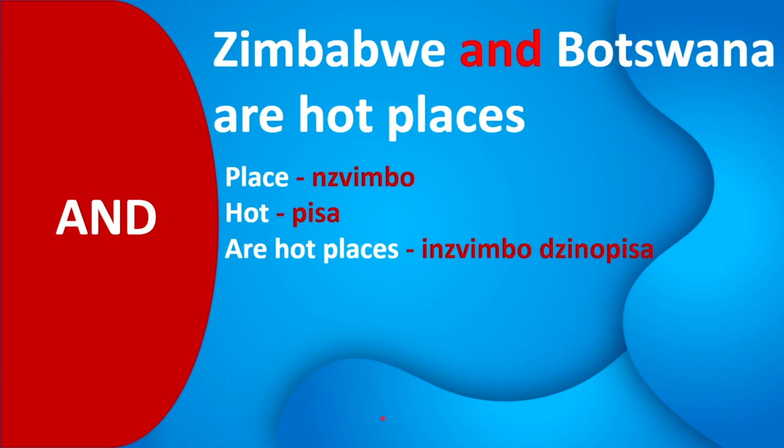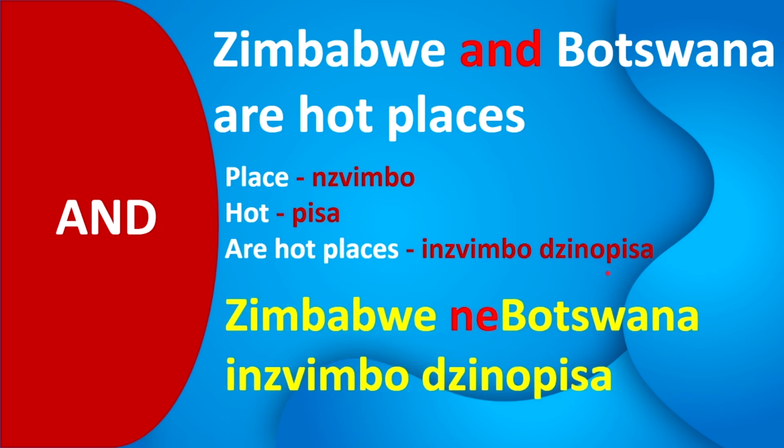Let's do another example. Zimbabwe and Botswana are hot places. So place in Shona is nzvimbo. Hot is pisa. Are hot places, nzvimbo dzinopisa.